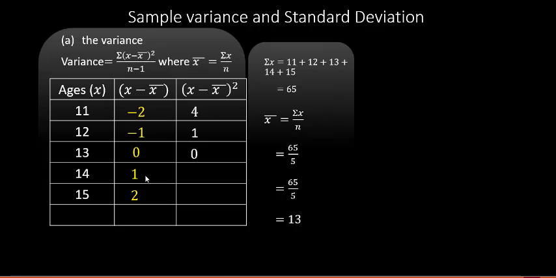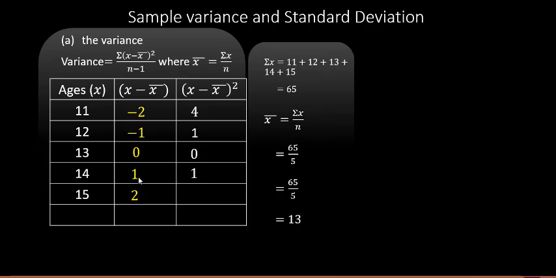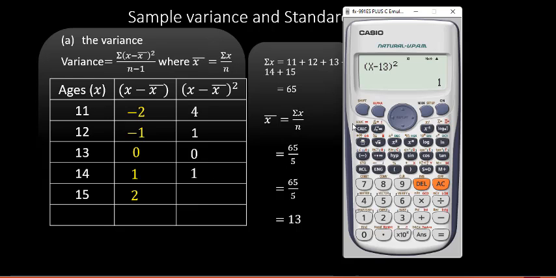Then for the 14, press calculate and key in 14. What are you going to have? 1. You put it there, because 1 squared is still 1. And then the last one, you press calculate, and then press 2. What do you get?